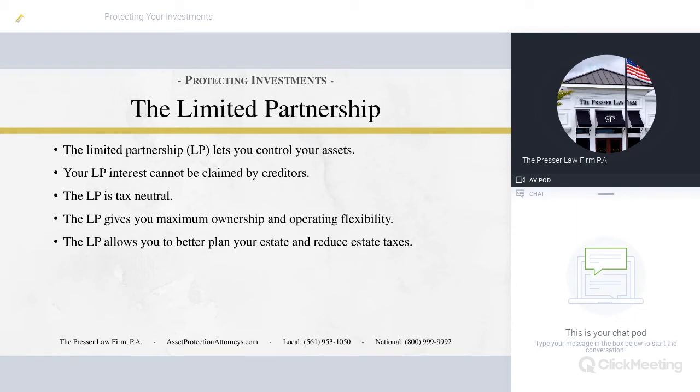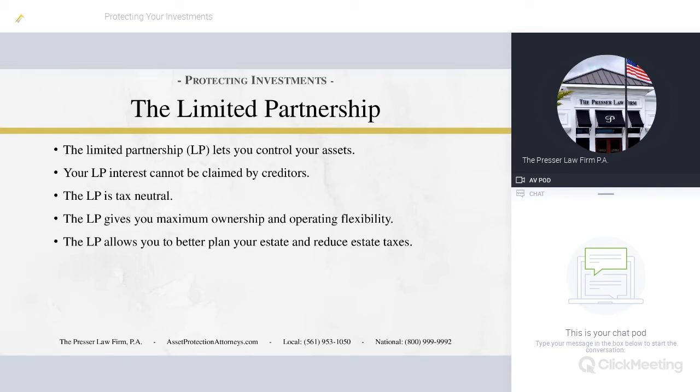In addition, there's going to be a tax neutrality if it's done correctly, because the way the limited partnership works is it's pass-through. So you as a limited partner and you as an owner of the general partner LLC will basically get K1s for the income of the partnership, and it just passes through to your tax return on your personal 1040.